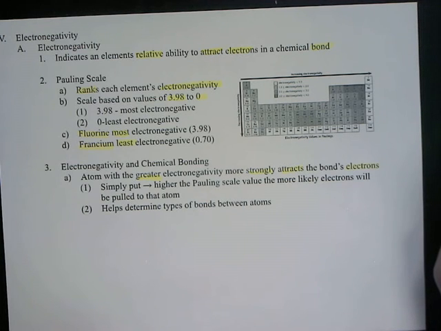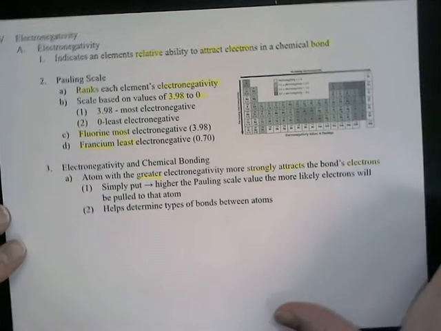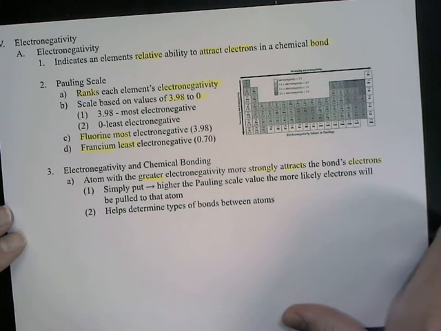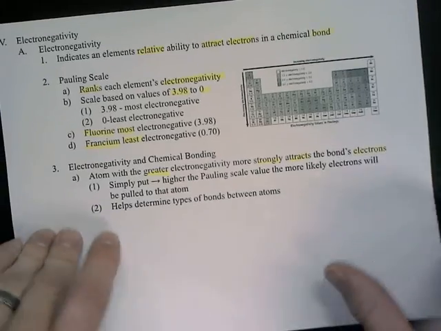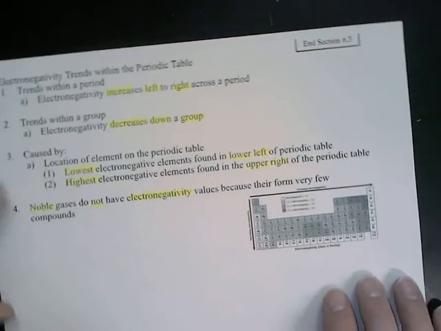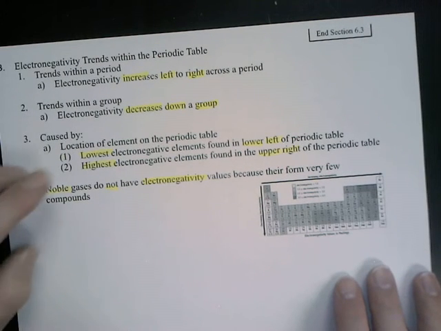That is why we don't have that in our trend. For our specific trend, electronegativity is going to increase from left to right and decrease from top to bottom.